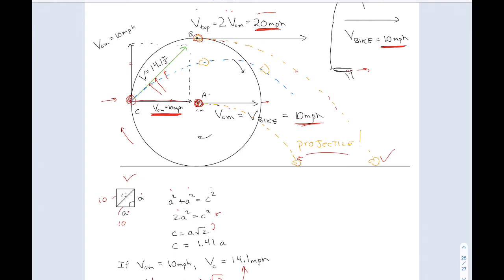So when this chunk of mud comes loose here, it heads off in the direction of that green arrow with a speed of 14.1 miles per hour. Then it would look like a projectile. It would follow this blue path and eventually hit the ground somewhere over there.